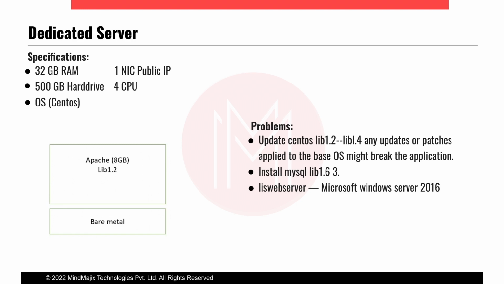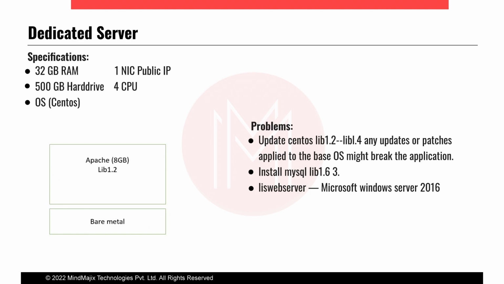But in this process also, we have a few problems that we have been facing. So let us see the problems which we are facing one by one. The major drawback of this process is that any updates or any patches that are applied to your OS, that is your base OS, might break the application. There is a chance that your application can go down.